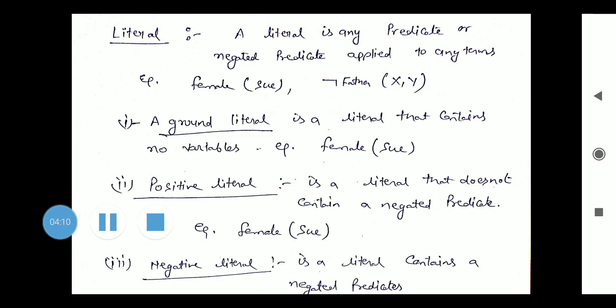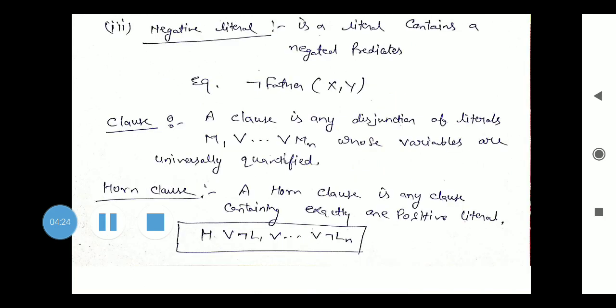For example, female of Shiv. A positive literal is a literal that does not contain a negative predicate. For example, female of Shiv. Now negative literals contain a negative predicate. Not father: X is not a father of Y.